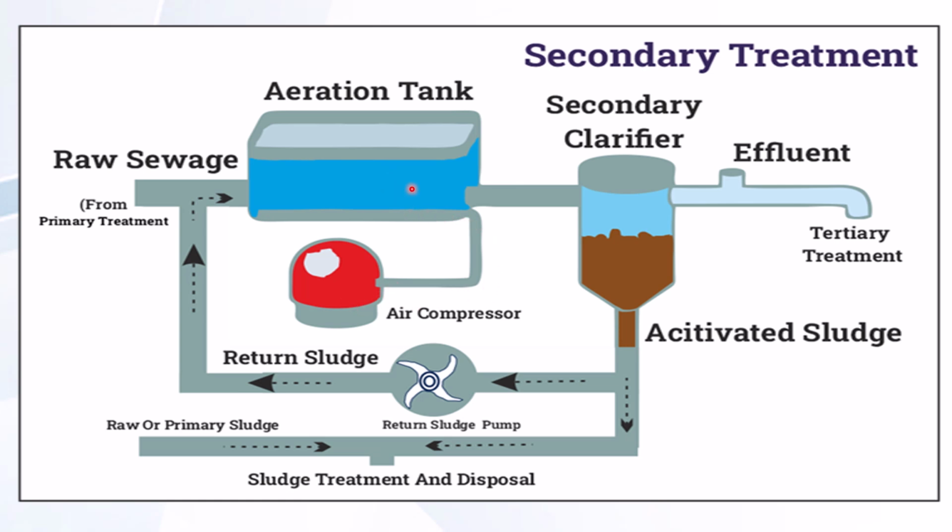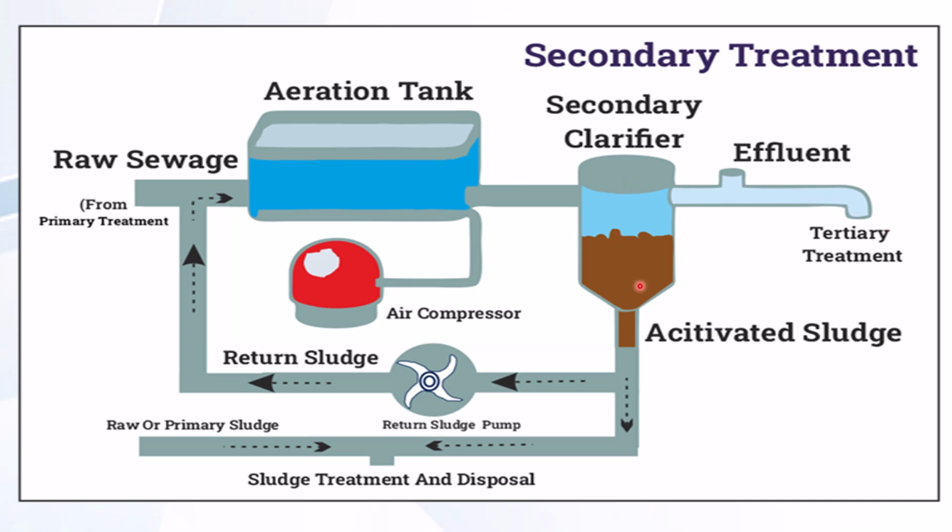After that, when the organic matter is decomposed by the microbes, it is transferred to the secondary clarifier, where the sludge is settled at the bottom by the influence of gravity, and the clean wastewater is released out of the treatment plant.